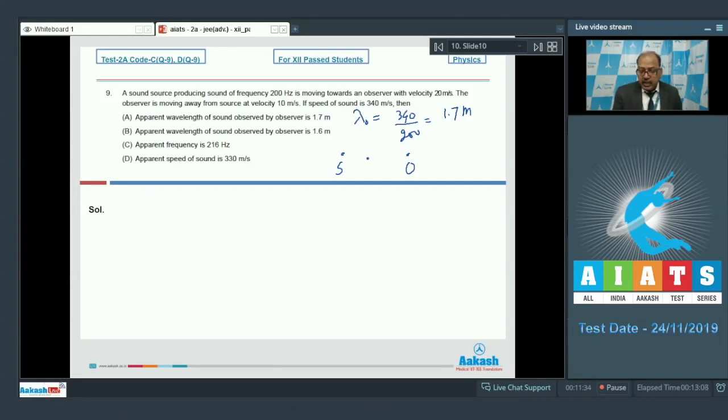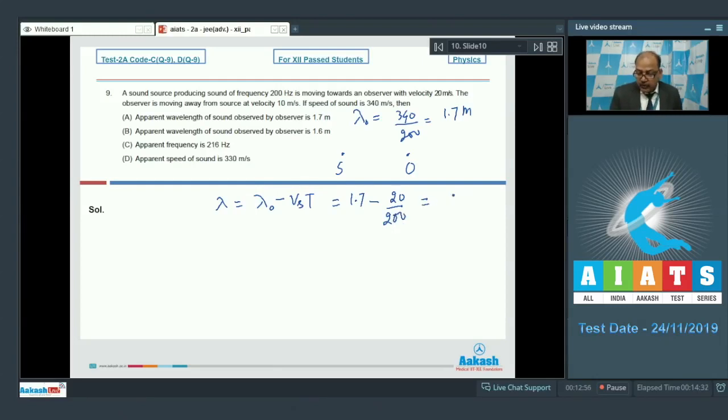So we are concerned right now with wavelength to the right of the source, and that wavelength will be lambda equal to lambda naught minus distance traveled by the source in one time period, and that is equal to, let's put the expression, Vs into T. This is equal to 1.7, which we found earlier, minus speed of source, 20 meter per second, and T will be 1 by 200 second, 1 by frequency.